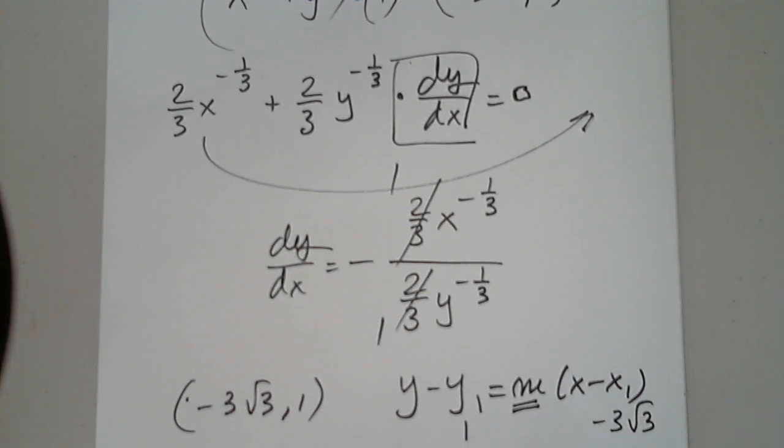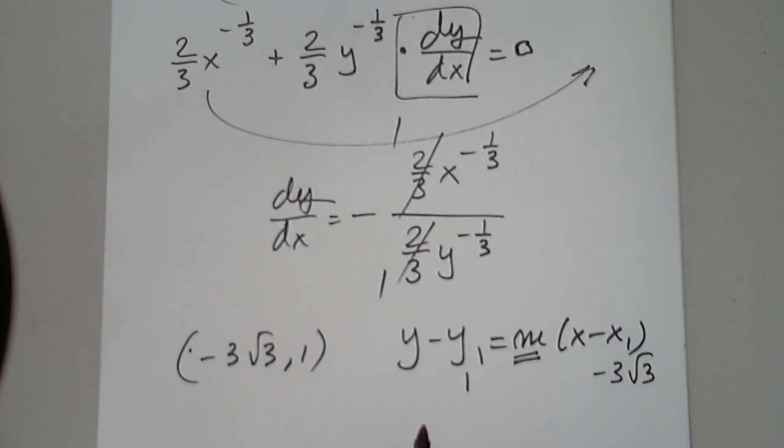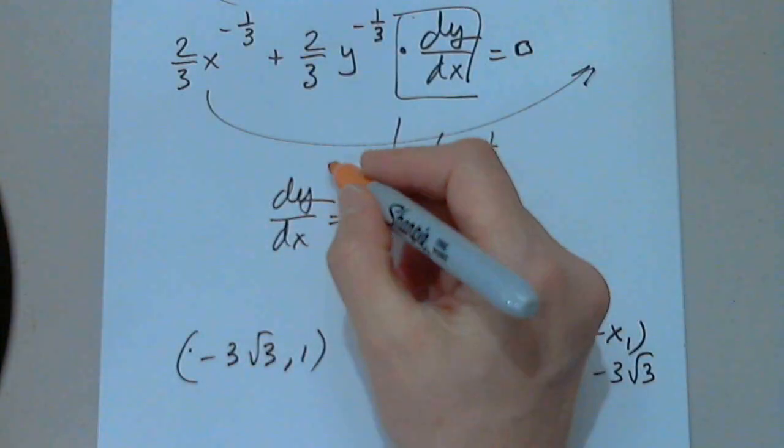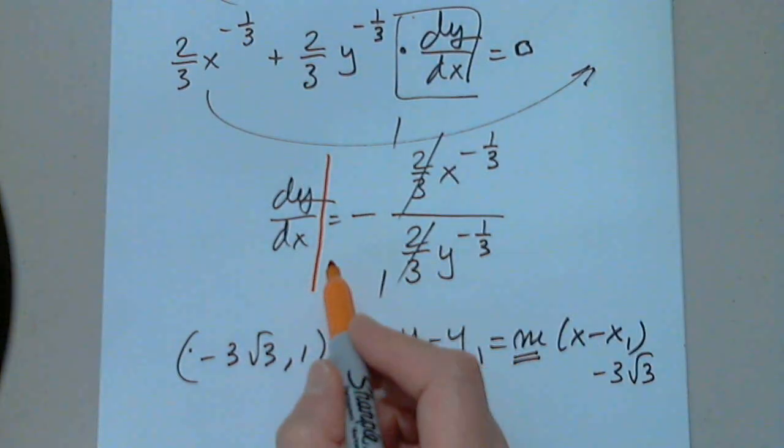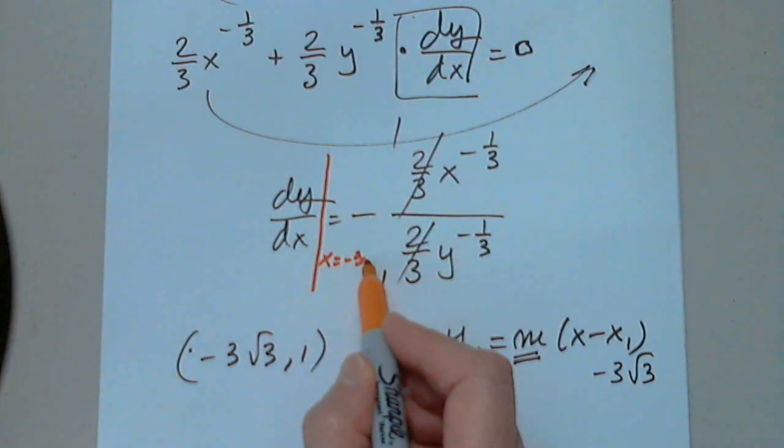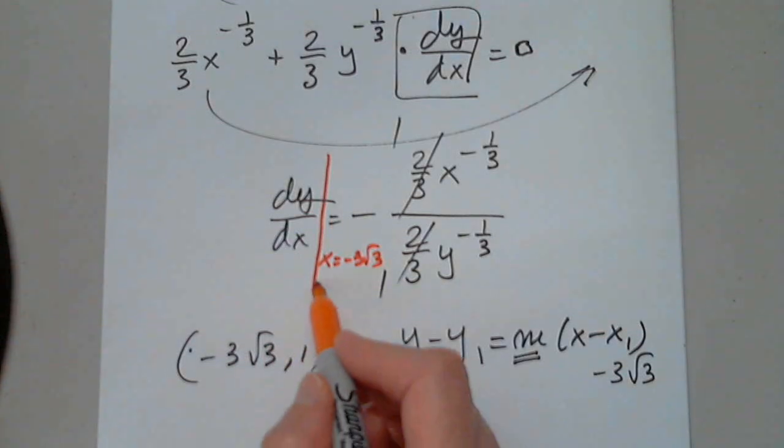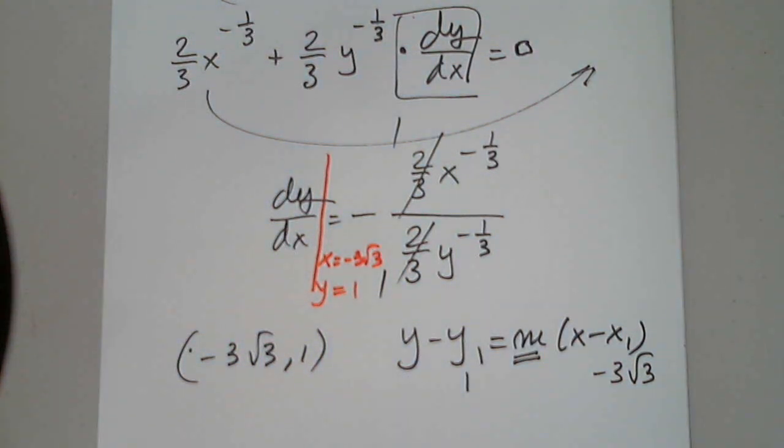How do I find the slope? I have the derivative. How do I find the slope? Plug in x. Exactly.